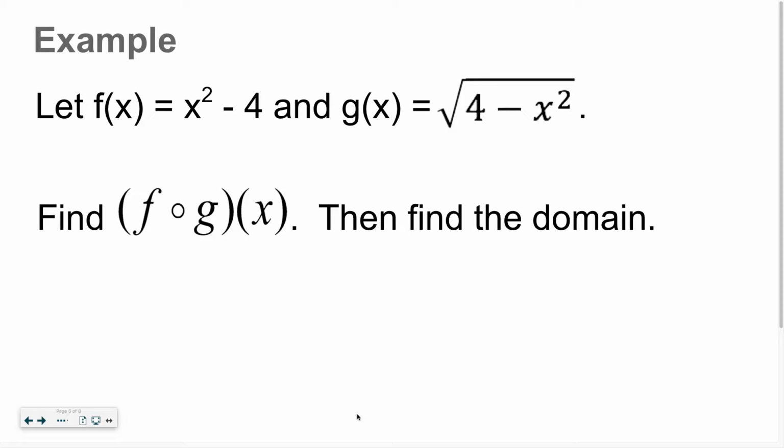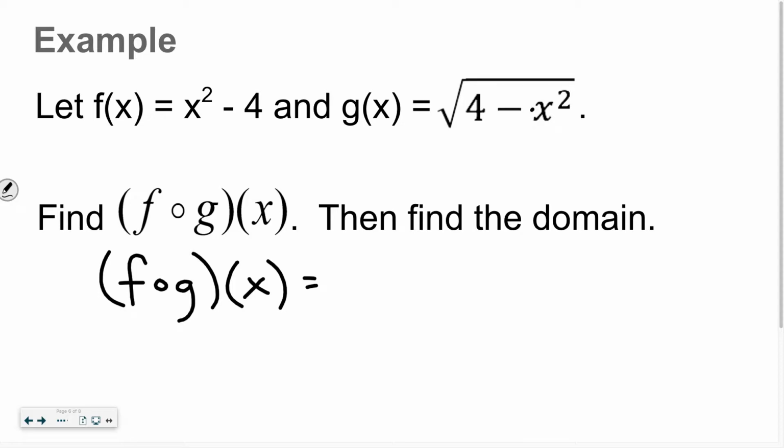We're going to do f of g of x, which means we take g of x, the square root of 4 minus x squared, and plug it in for x. So that's the square root of 4 minus x squared, then I'm going to square it and subtract 4.